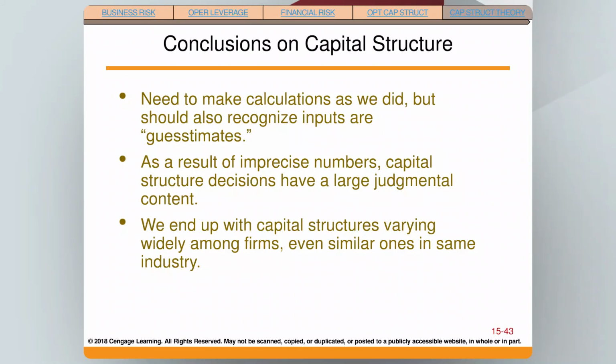So, in terms of conclusions, with this capital structure, very important is the need to make calculations as we did, but should also recognize inputs are guesstimates. Yes. As a result of these estimated numbers, capital structure decisions have a large judgmental content. We end up with capital structures varying widely among firms, even similar ones in the same industry.